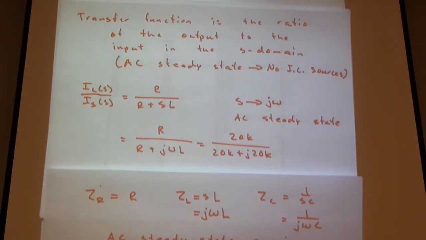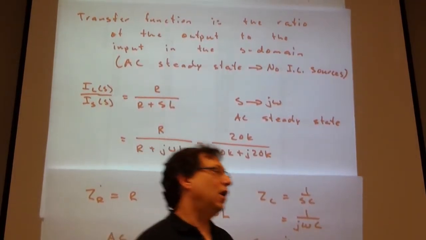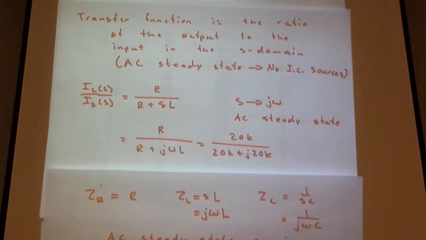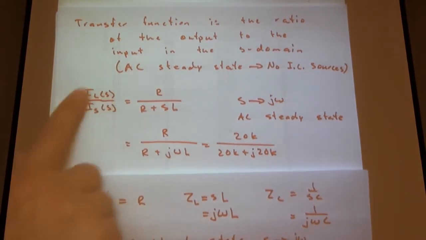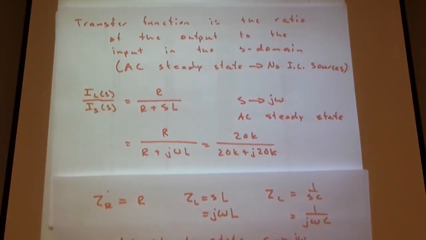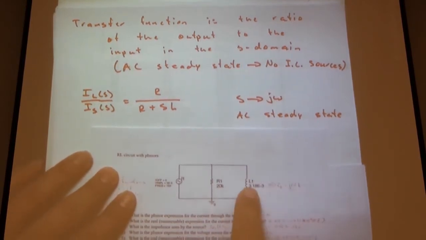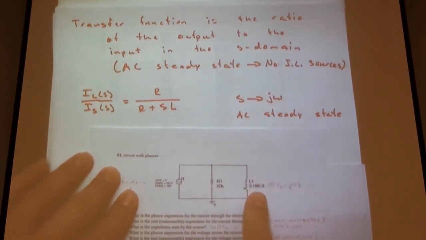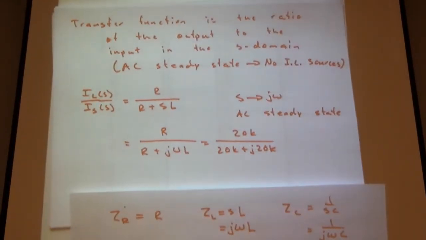We have R over something going to infinity, and R over anything going to infinity is 0. And therefore, our inductor current is going to what? 0. If this is going to 0 and this is finite, then this guy also has to be going to 0. So our transfer function is consistent with physical expectations. If this is becoming an open circuit, no current's flowing through here, or in other words, the current's going to 0, and that jives with what we just derived.